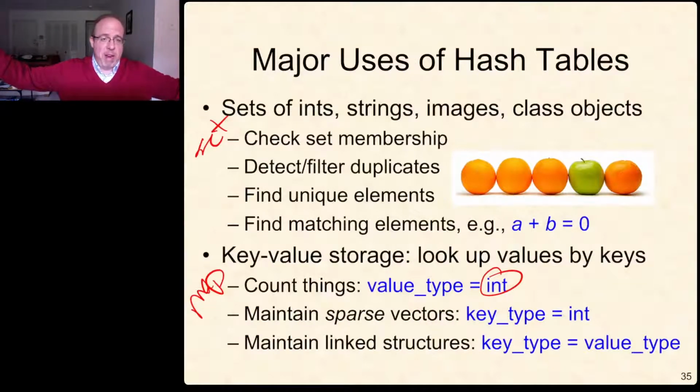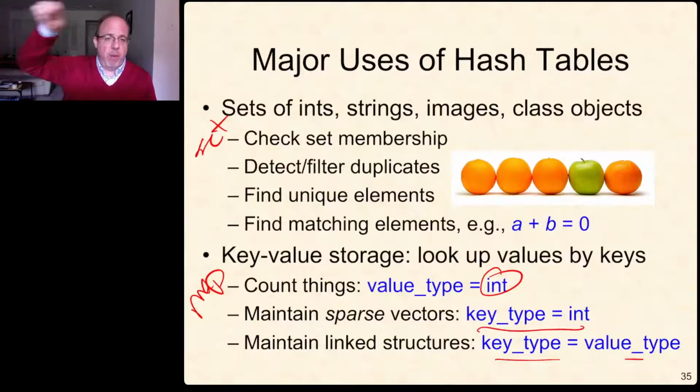The space we're measuring is very, very large, but the population of that space is quite small, in which case the key is the index in the larger vector. We could also use it to maintain linked structures where the two types are the same, and the value for one key is the key for another value. And we create chains of things that way. So there are a bunch of different ways that this can be used.